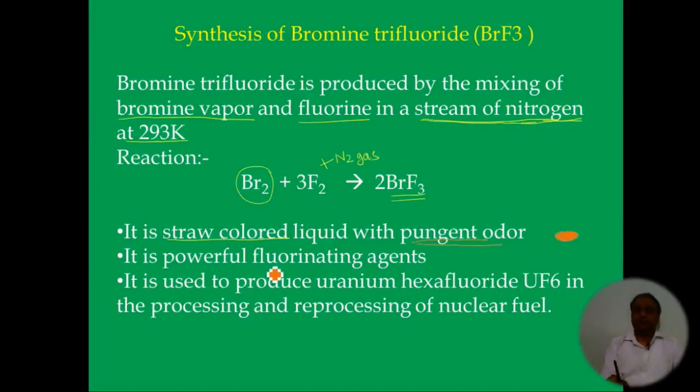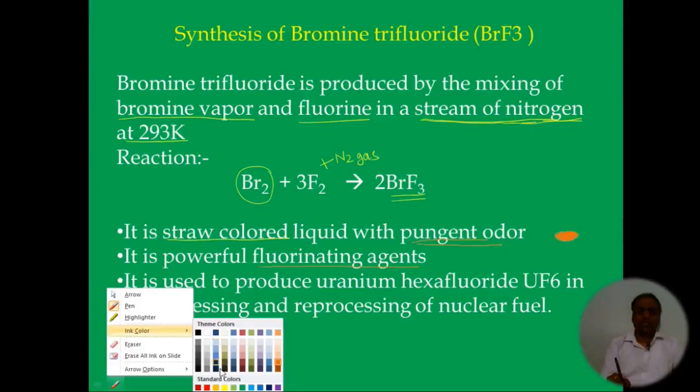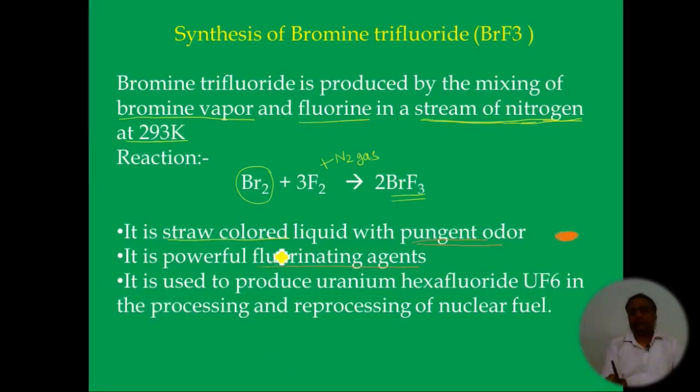It is a powerful fluorinating agent. It is used to produce uranium hexafluoride. Now, why prepare uranium hexafluoride? Because it is used in the processing and reprocessing of nuclear fuel.